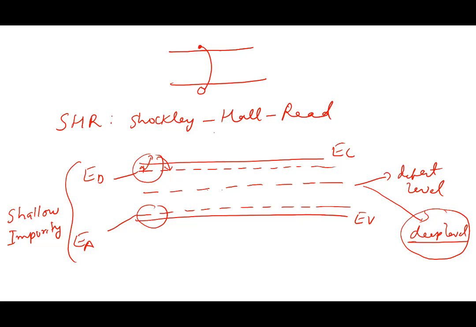Somewhere in the middle, the interaction with both may be comparable, because it has to act as a recombination center. So it's the deep levels which are important for us, not the shallow levels, not the donor levels, not the acceptor levels, but a deep level which is important for recombination.